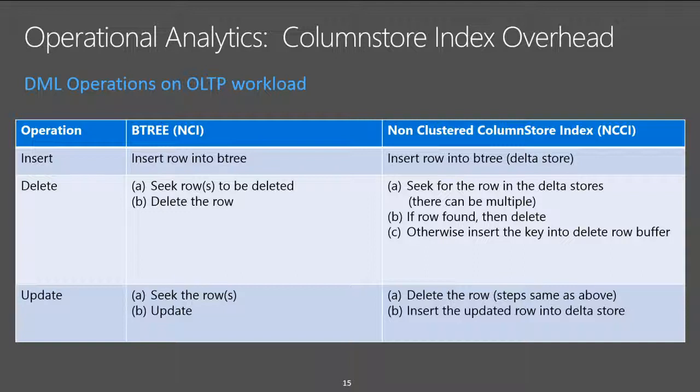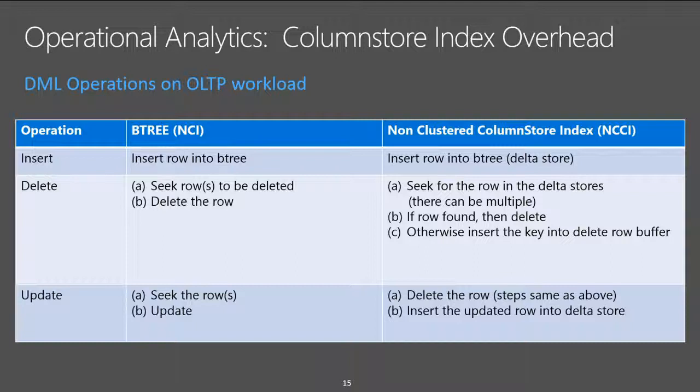It will remove them through the query processing. So that's that, right? Update is done as a delete followed by an insert. So in a column store, update is a delete followed by insert. The cost is exactly the same.